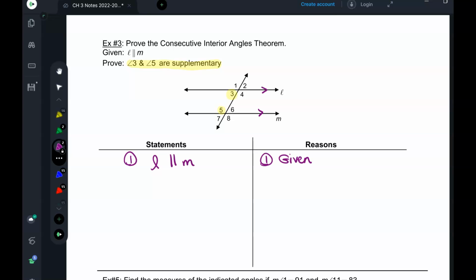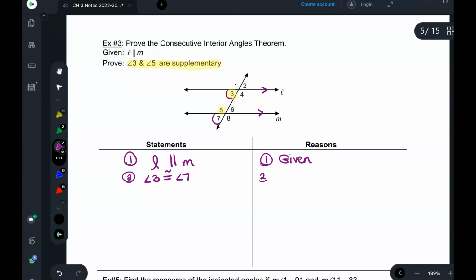Let's look at a relationship with either 3 or 5. I'm going to use the fact that 3 and 7 are congruent. Angle 3 is congruent to angle 7, and this is the corresponding angles postulate.